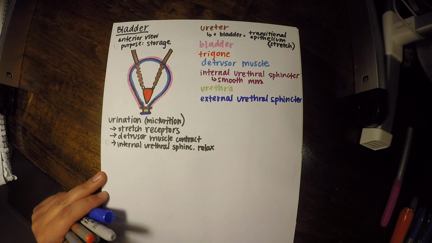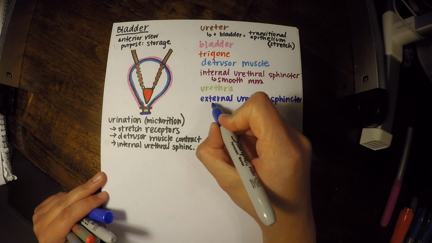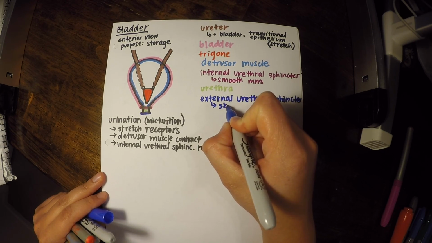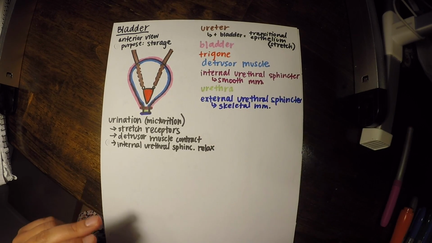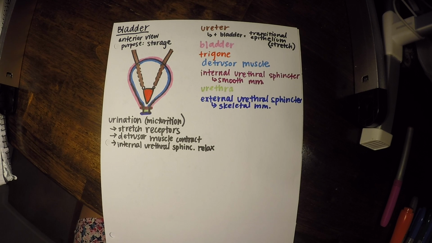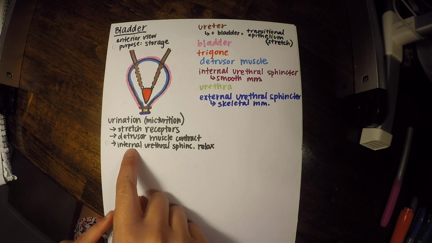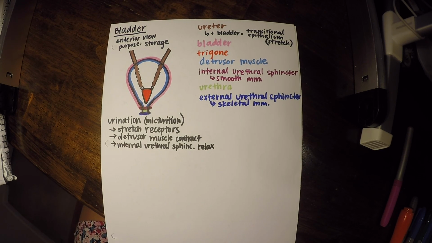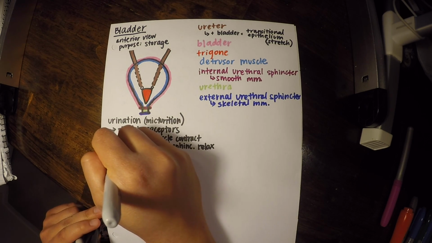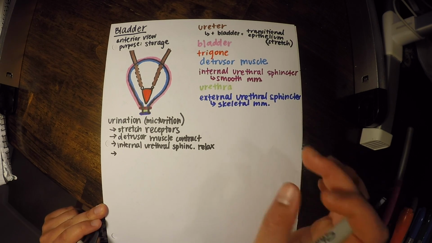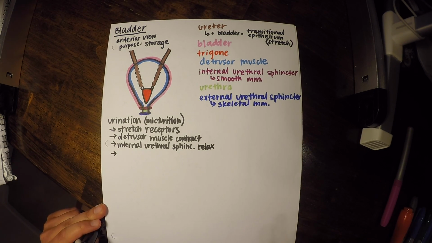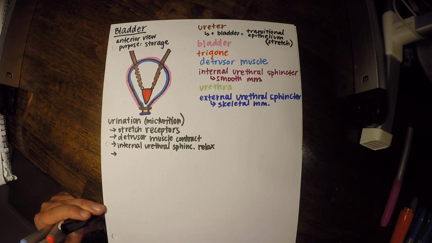Now, what's important to note is that this external urethral sphincter is skeletal muscle. That means it's voluntary. So, after our internal urethral sphincter relaxes to let urine down into the urethra, we have to actively relax our external urethral sphincter to allow things to go out. So that's why we can hold our pee in if we feel like we have to pee.